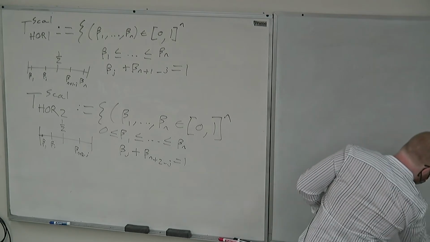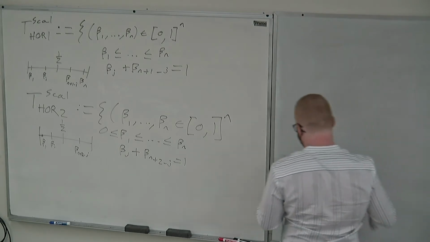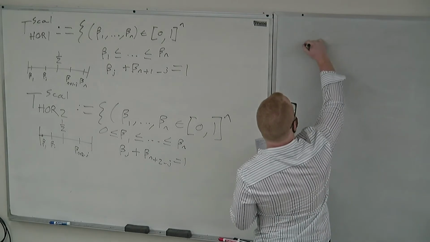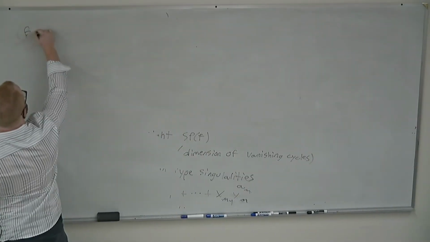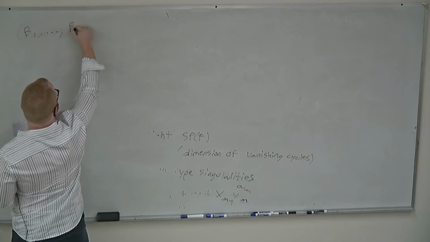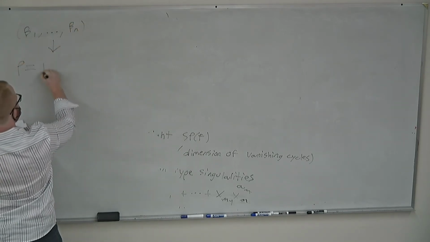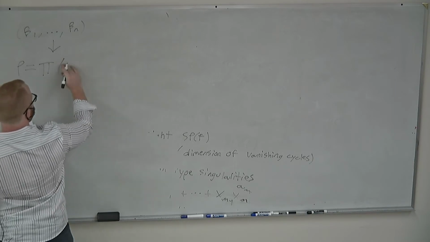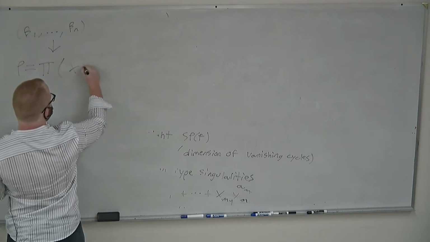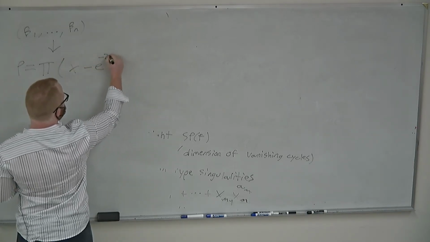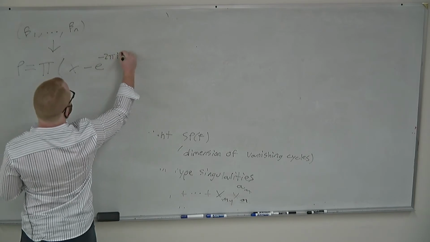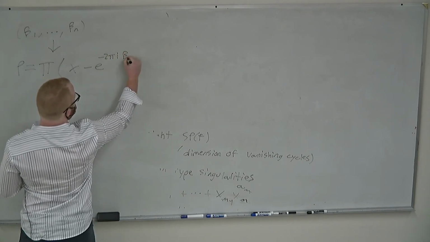So from these numbers, I can just form a polynomial. To some sort of beta 1 through beta n, I can form a polynomial p, which is just going to be the product of x minus e to the negative 2 pi i beta j.